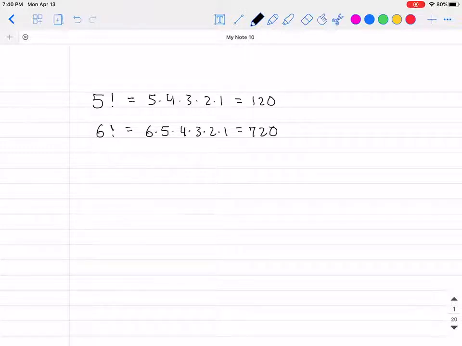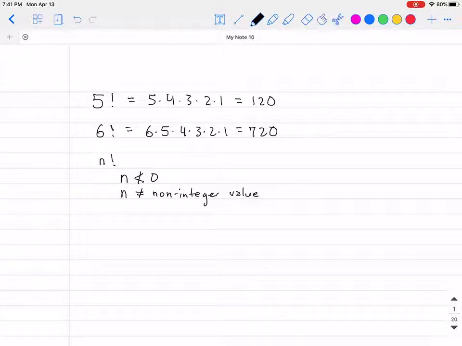Now, for factorials, the key thing you have to remember is that you cannot take the factorial of certain numbers. If I say n factorial, we have to make sure that n cannot be less than 0. In addition to that, n cannot be a non-integer value.